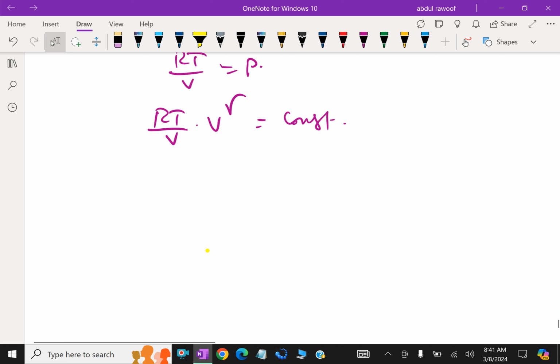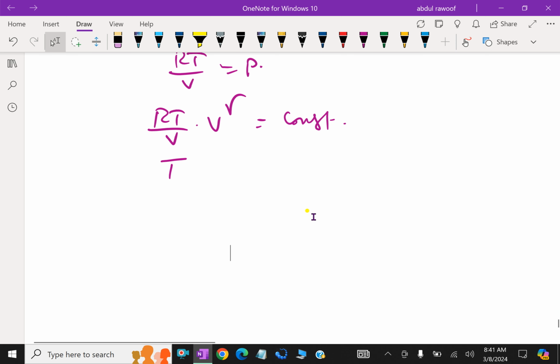Then RT by V equal to temperature T, and this V and this V power gamma becomes V power gamma minus 1.